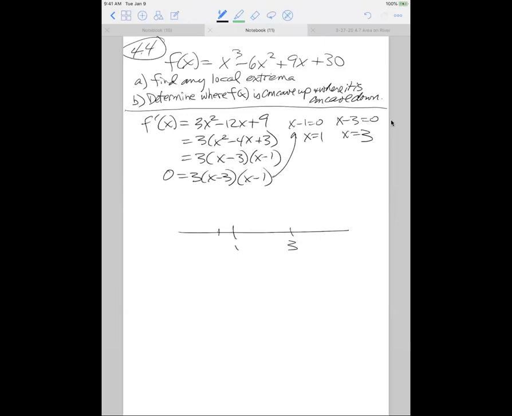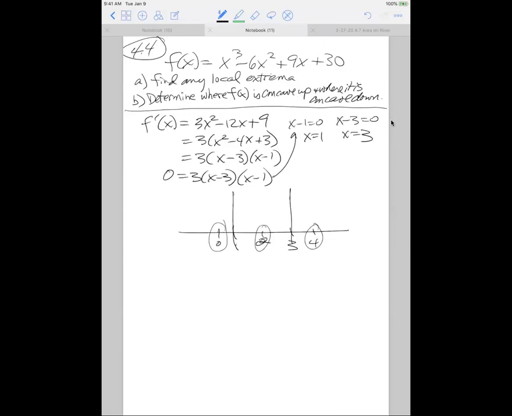If I pick a value to the left, 0, a number in between, say 2, and the number to the right, 4, then I'm going to check these 3 in the derivative function because I want to see where the slope is increasing and where it's decreasing, and see if we have local min and local max.